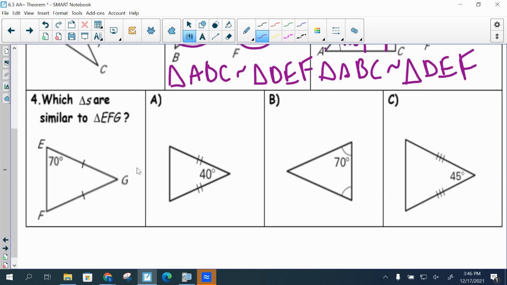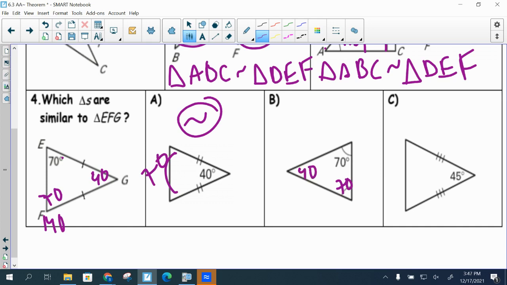Number 4, which triangles are similar to triangle EFG? So EFG, well, this would also be 70. And if that's 70, then these are 140, which would make this angle G 40 degrees. So this angle is also 40, so this would be similar. Because if that's 40 and this is an isosceles triangle, then you know these two are going to both be 70, so that's going to be 40 again.